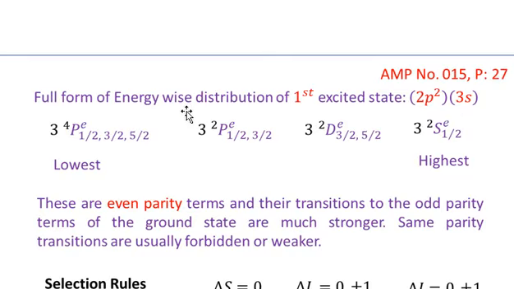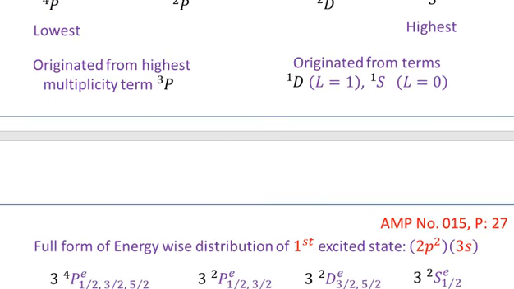So the full term of the energy-wise distribution of the first excited state 2p2 3s. This was the first excited state, and now I am writing the full term. That is, I am writing the value of the total angular momentum J of the atom and the principal quantum number along with these states.